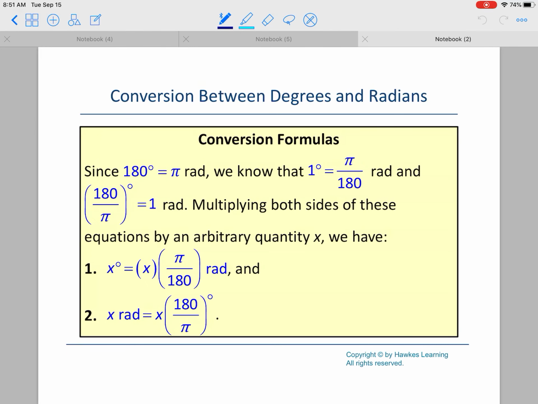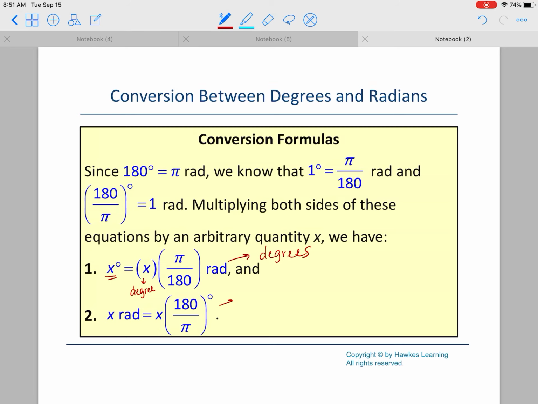Now converting these is very easy. There are 2 formulas down here on the bottom. If I know my degrees, I'm going to use this one. If I have some amount of degrees, 30 degrees, 90 degrees, however many, I'm going to take that degree measure and multiply it by pi over 180. And that's going to change it to radians.